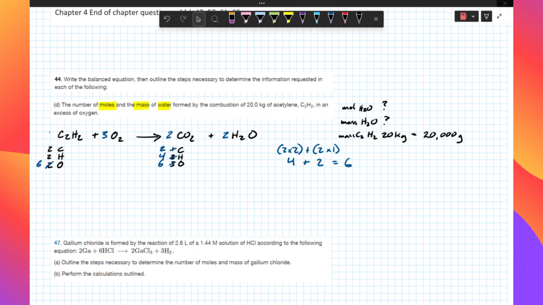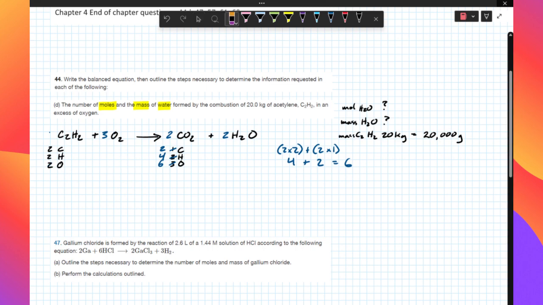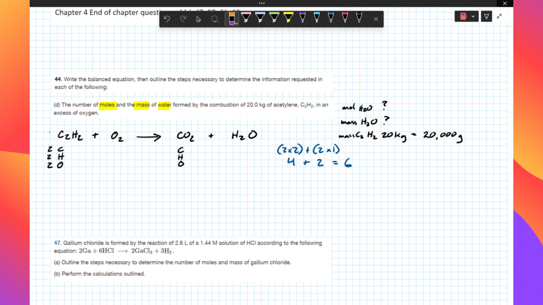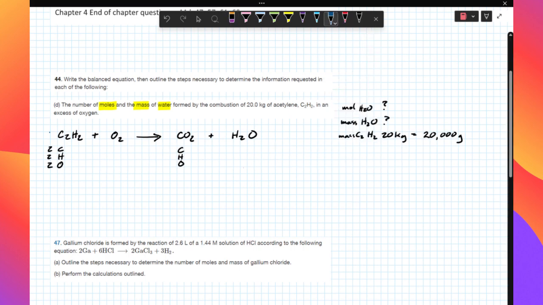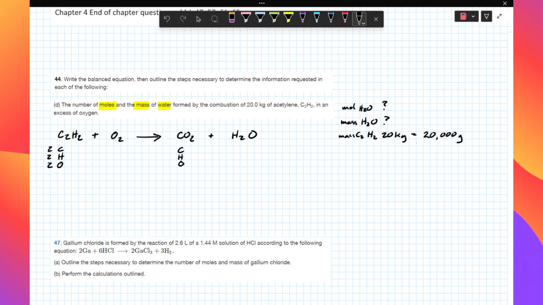Yeah, there's a much more simple way to do this. Sometimes you just have to work it through. So, same thing, count what we've got: one carbon, two hydrogens, three oxygens.